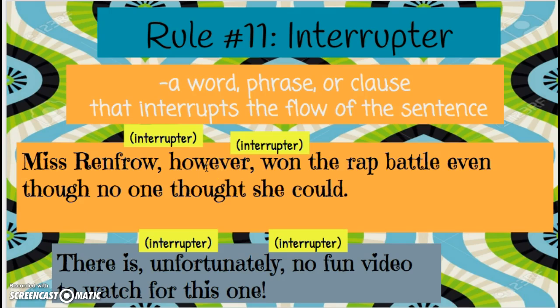Because if I took this word out, it would make complete sense and it would say, Miss Renfro won the rap battle even though no one thought she could. But since I have an interrupter right here, the word however, kind of breaking up my sentence and segmenting it, I need to include commas around it, okay? It's breaking up or interrupting the flow.